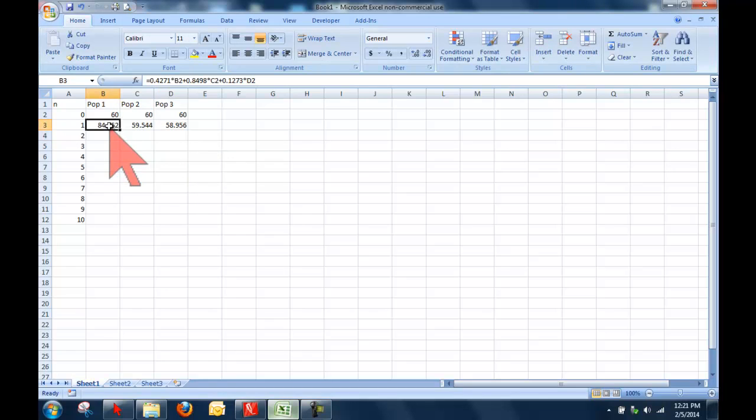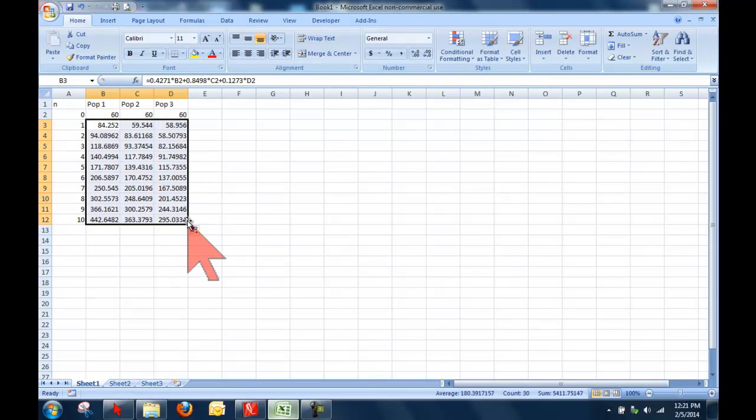Okay, and let's take these and drag them down. Good for population 1. I'm double checking with my previous results just to make sure that I've typed things in. Okay, that looks alright.